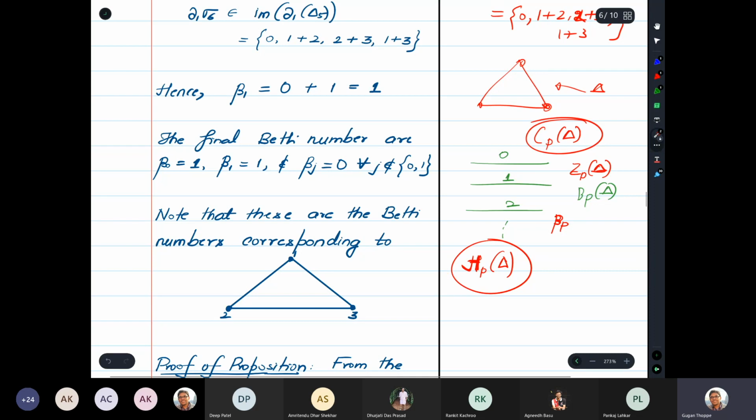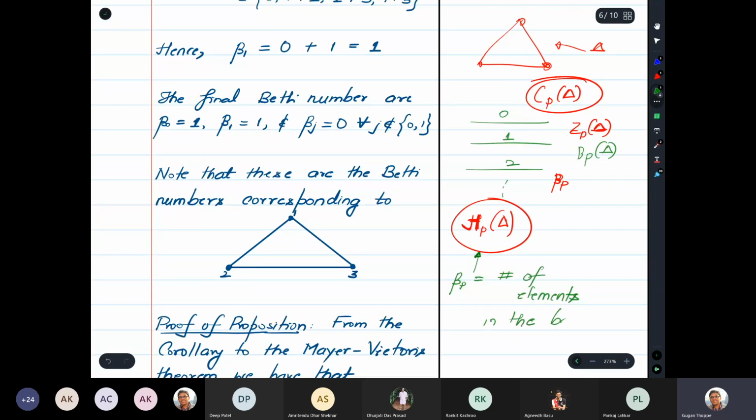Okay, so when I say generators, the way to interpret this is, I hope you agree that H_p of delta is a vector space. The dimension beta p will equal in some sense the number of elements in the basis of H_p, right?